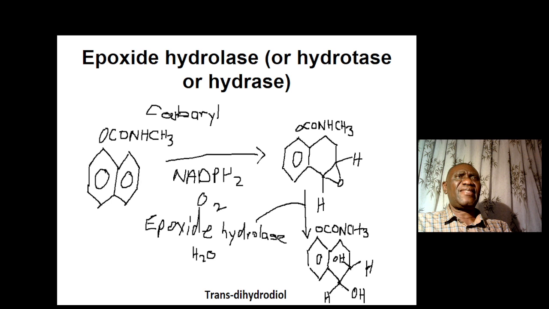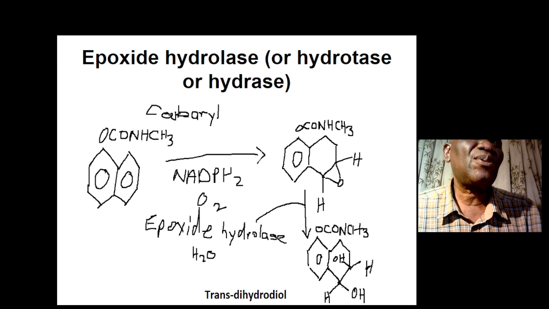What will happen is that at the corner here, it will be opened. Then an oxygen is added with these hydrogen atoms. And later on, it may form this hydroxyl, which is known as the trans dihydrodiol.